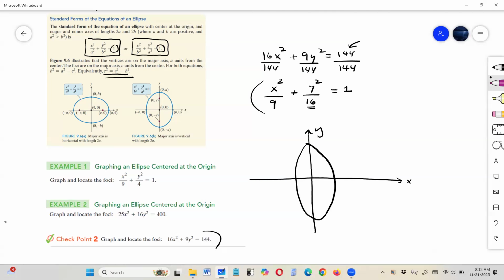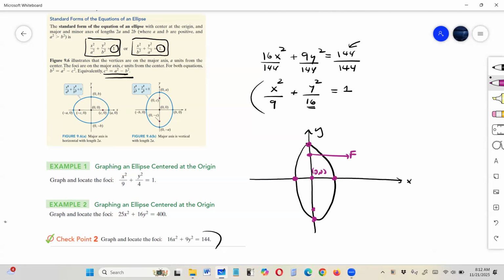So I have something that looks like this. And here the key point, the center, which is obviously 0, 0. These are the 2 vertices. These are the minor vertices. And the foci will be here again.